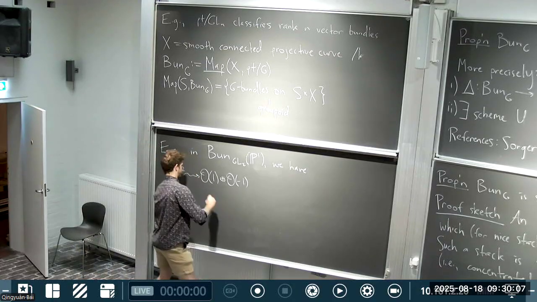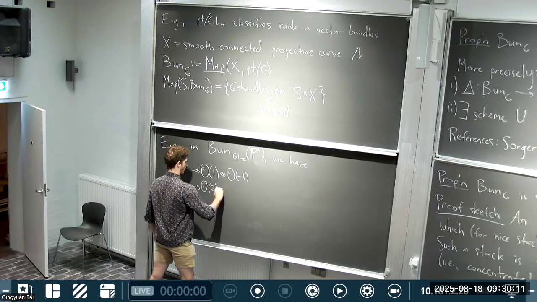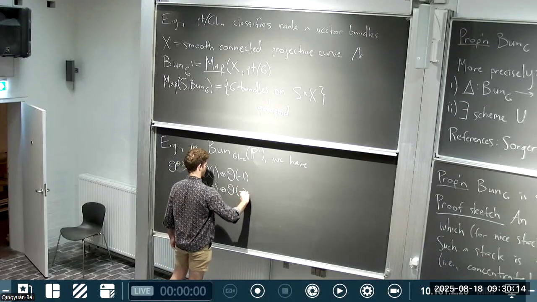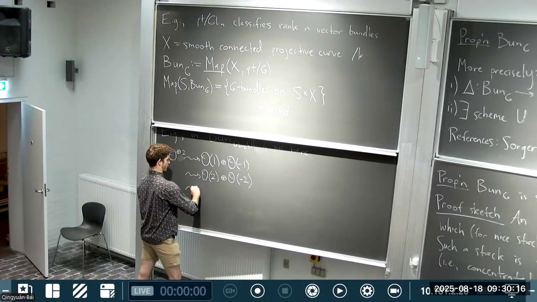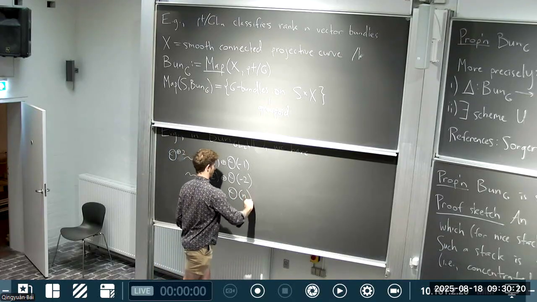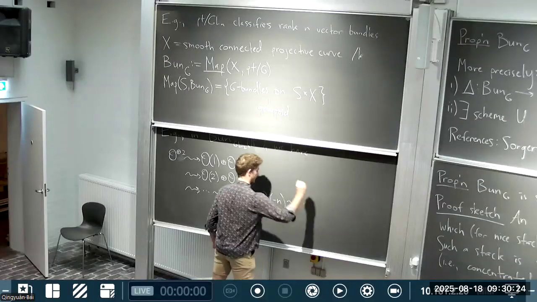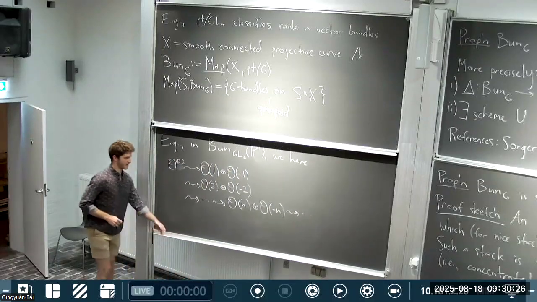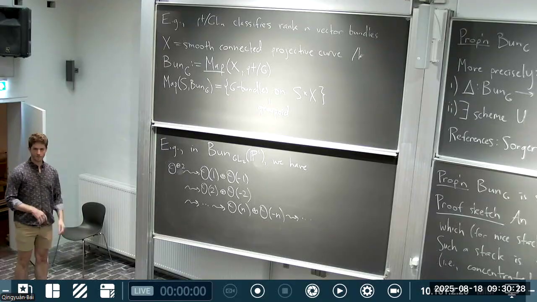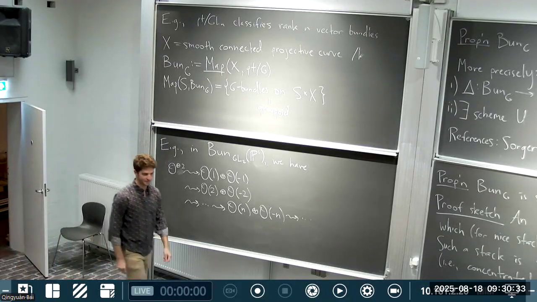But in any case, what happens is that this point further specializes to O of 2 plus O of minus 2, and so on and so forth. And this process goes on forever. So this demonstrates that PGL2 is not compact because we have this infinite sequence of points, specializing further and further.